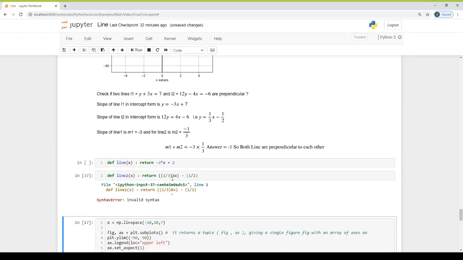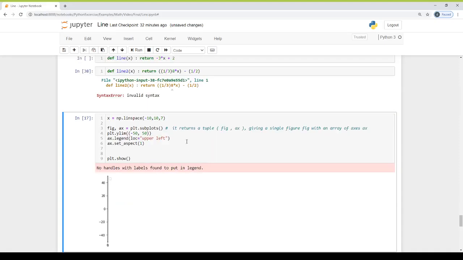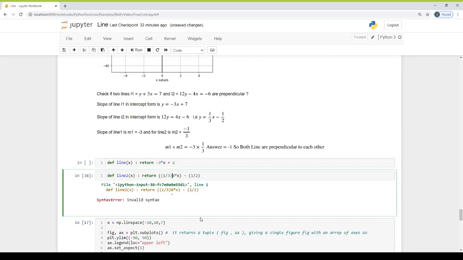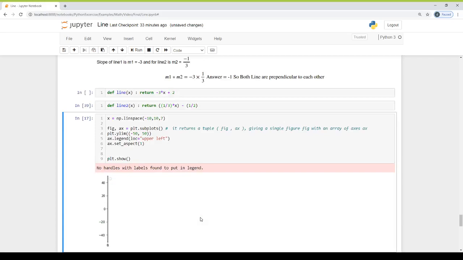Invalid syntax. Okay, into. This is our line 2. Line 2 is 1 by 3 into x minus 1 by 2.